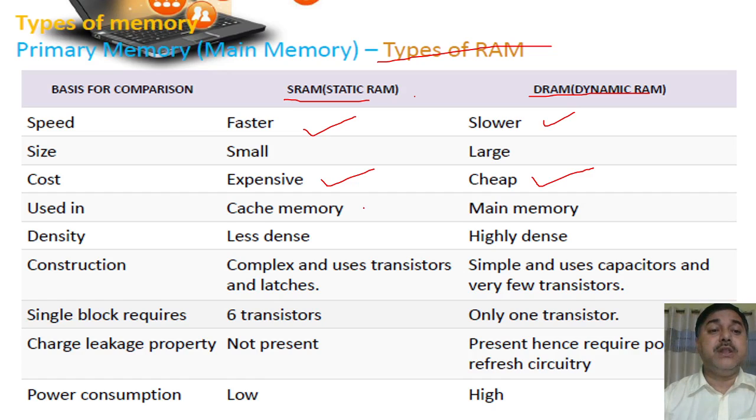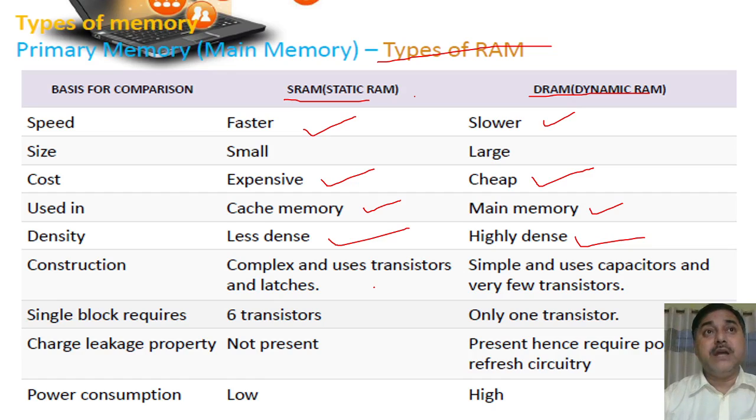Next, the cache memory uses static RAM, but dynamic RAM uses the main memory. Static RAM has lower density, while dynamic RAM is highly dense.